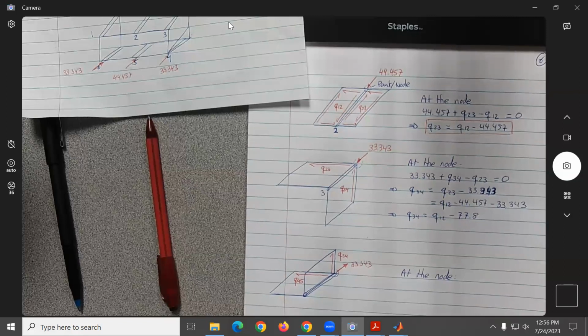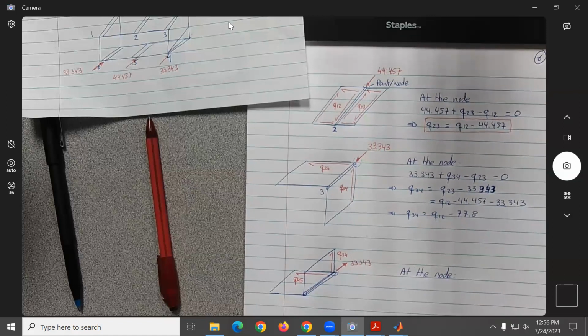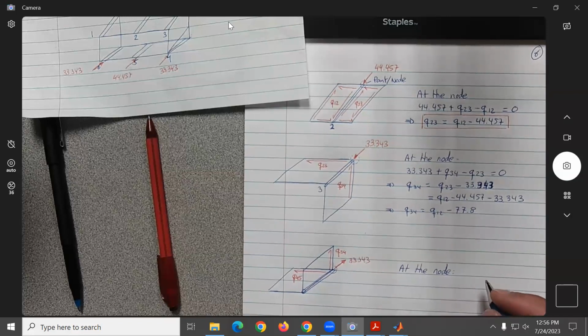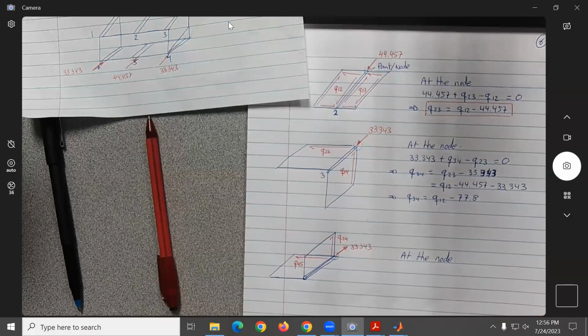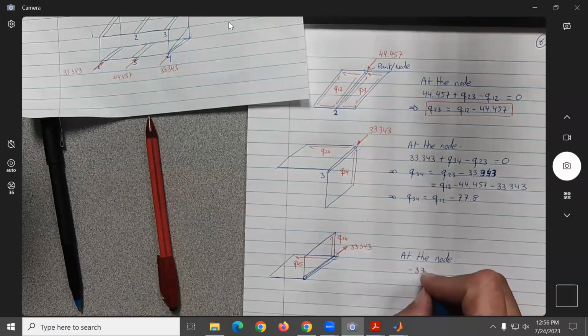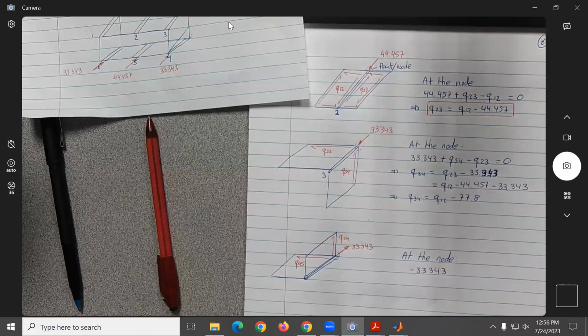Oh, wait, this one. Do we need this one here? Yeah, we need this one. So what are you going to have over here? Okay, so this one is leaving, no? 343. So the only thing I'm not sure is about these ones here. So it would be that one.